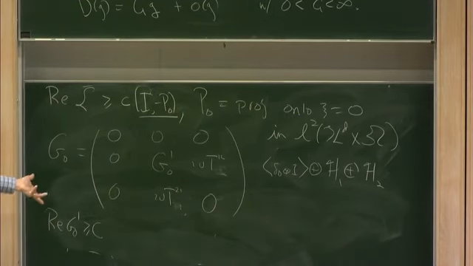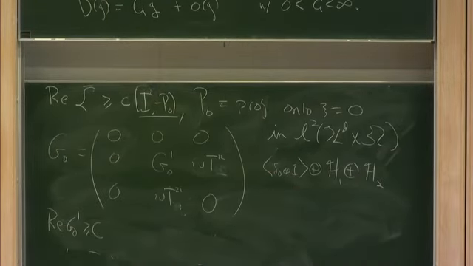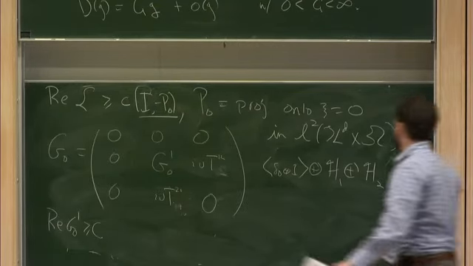And now we have to compute the resolvent. And in fact, looking back at the vector that we have, this vector phi lives in the subspace H1.